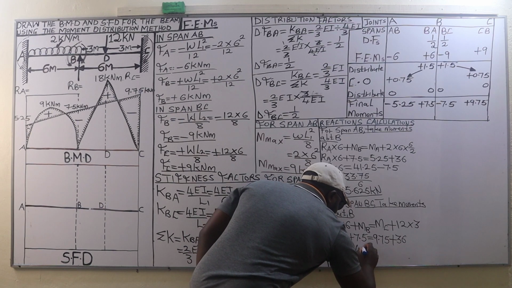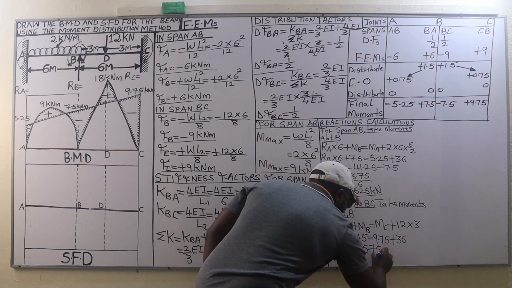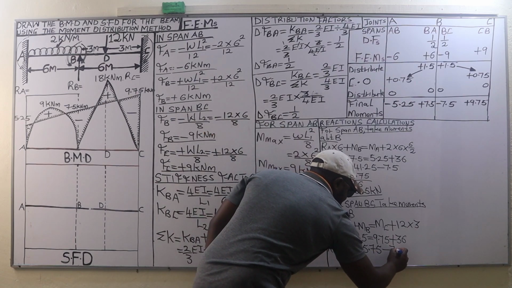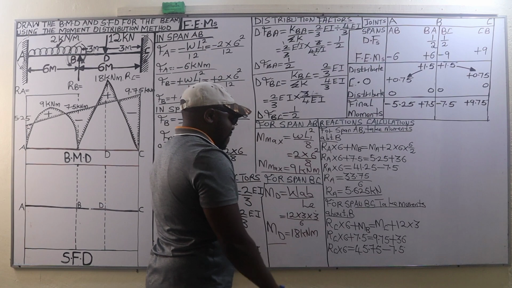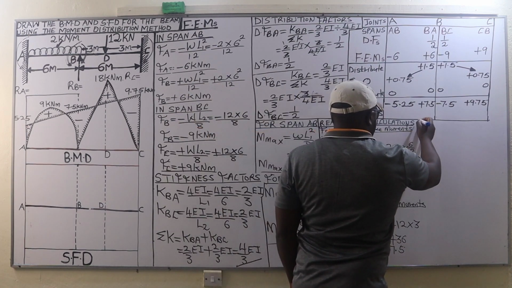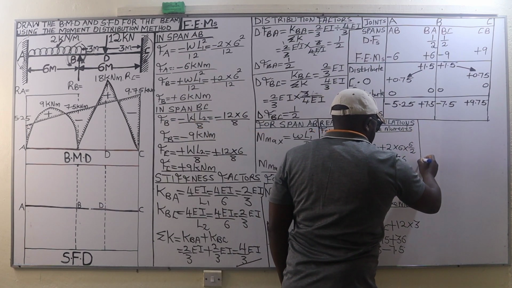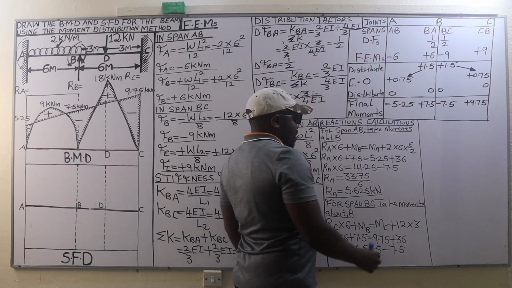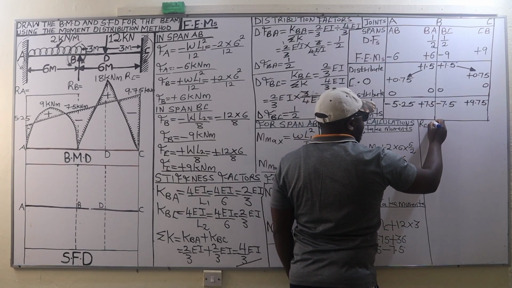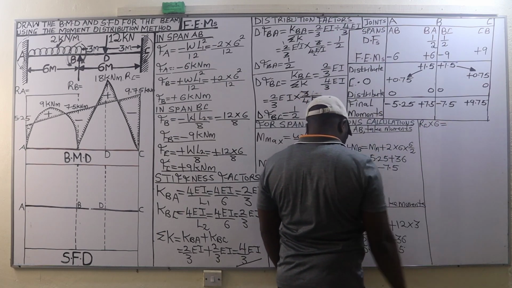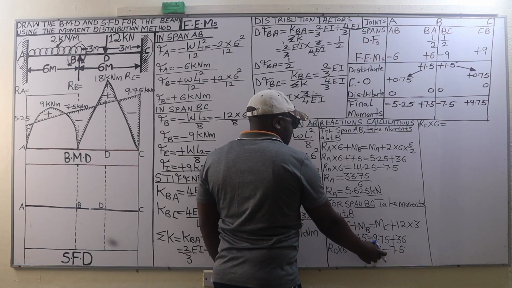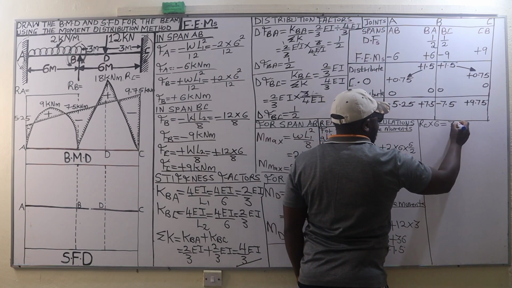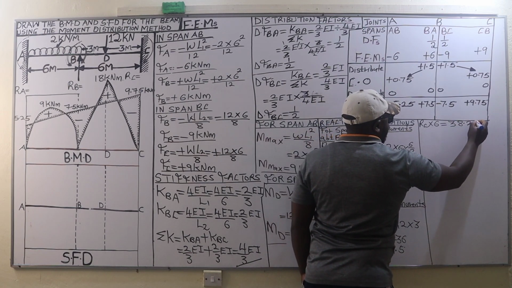45.75. Then you take 7.5 to the other side of the equal sign, that's going to be minus 7.5. Then we are going to have RC times 6 being equal to 45.75 minus 7.5, that happens to be 38.25.